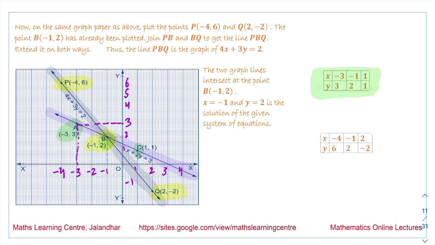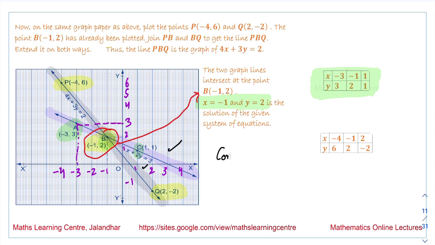Both these lines are intersecting at this point B, that is (−1, 2). So what we are saying is that the solution of this equation is x is equal to −1 and y is equal to 2. This is the solution of the given simultaneous linear equations. So it has a unique solution. What we have seen from this is that both these lines are intersecting at a point.